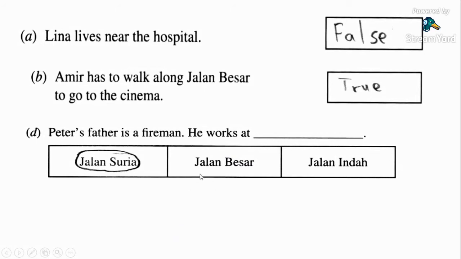I don't know how, but there are kids who do this. So don't. Read the instruction and follow the instruction. If they ask you to circle, you circle. If they ask you to color, you color. They won't ask you to color because it's a waste of time. So normally they will ask you to circle. So you do that.